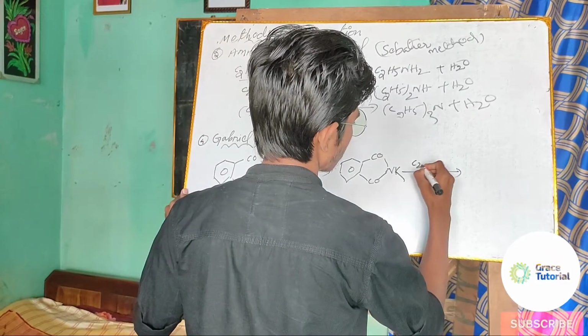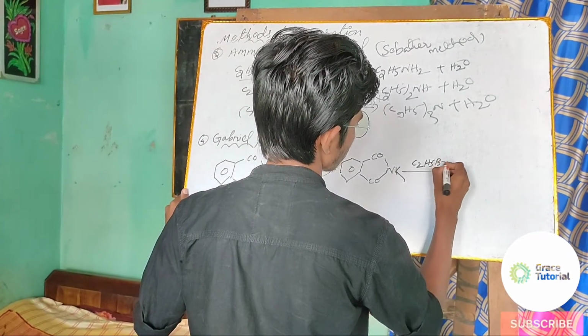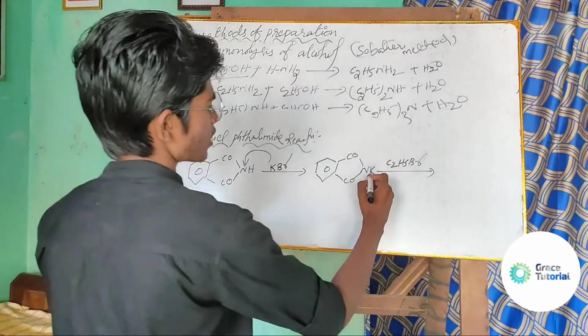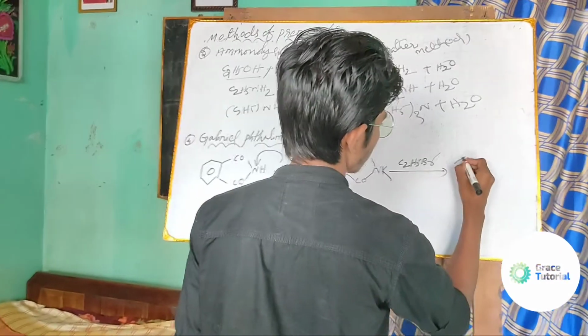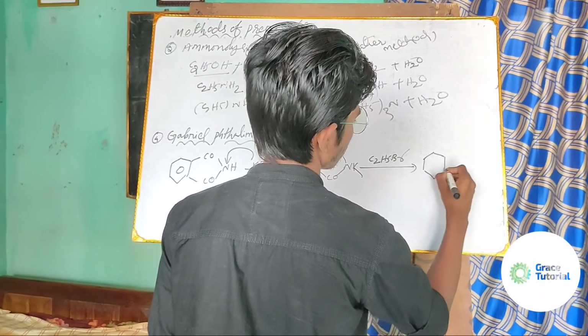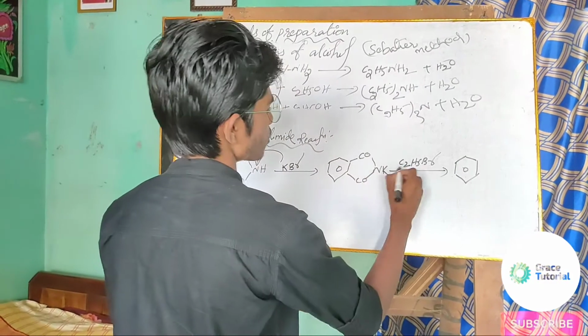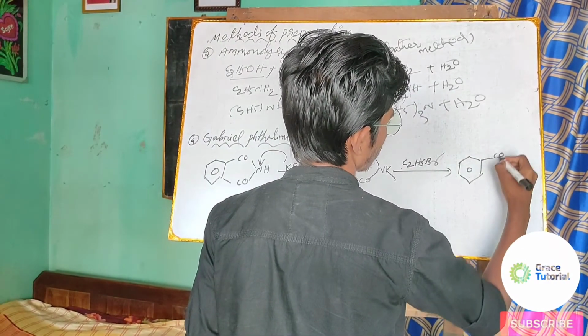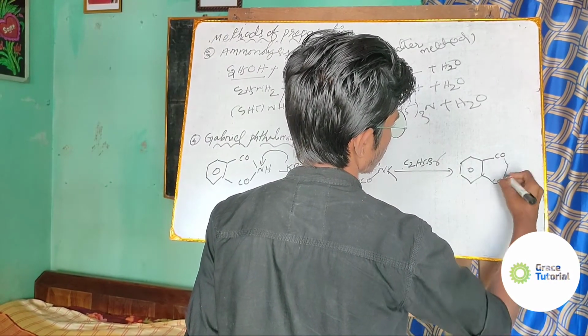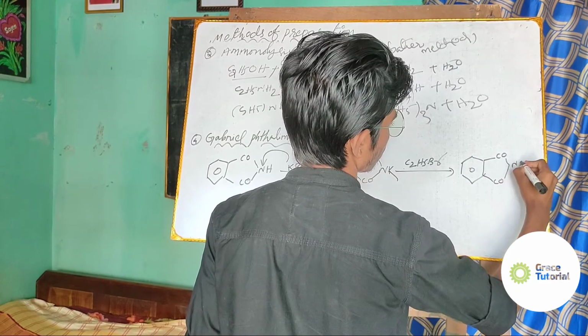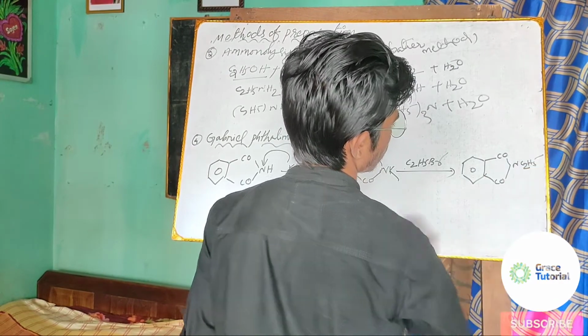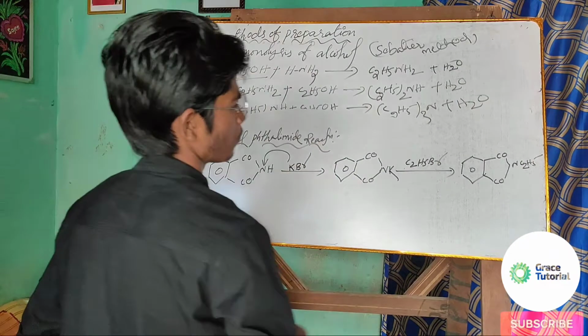If it again reacts with ethyl bromide, then this KBr goes away like that, and this N-ethyl compound is obtained.